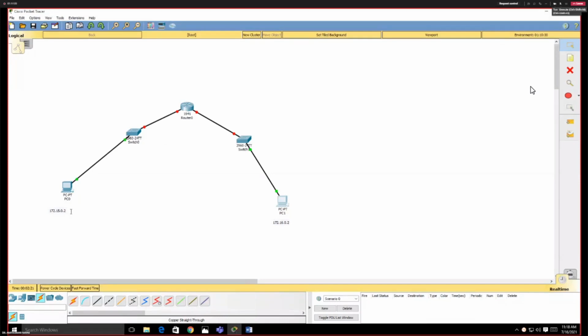So this LAN is following network address 172.15.0.0 and this LAN is following network address 172.16.0.0. Now if I click on the router, please listen to me carefully.